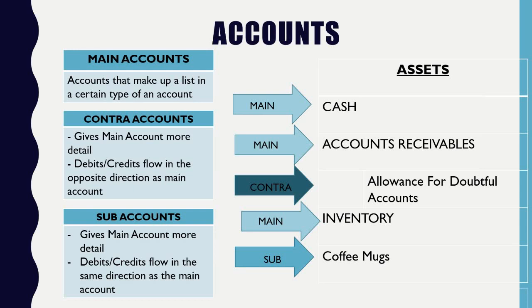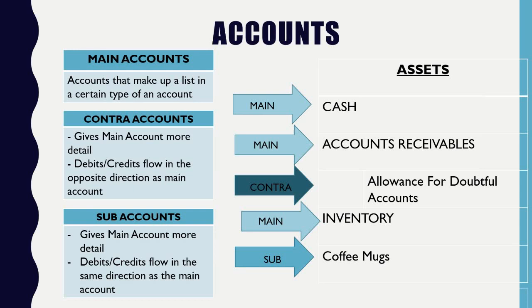My cash accounts, my accounts receivable, my inventory, they all flow in a certain direction. My sub account, since it's breaking down my main account, flows in the same direction as my main account. But here's one account that actually does the opposite, and that's called a contra account.